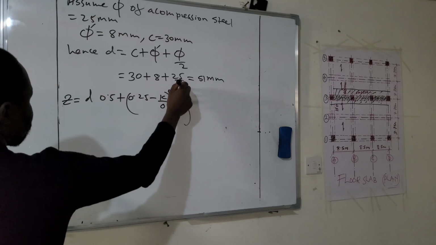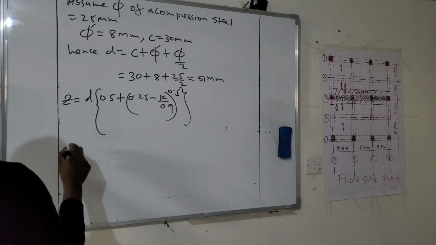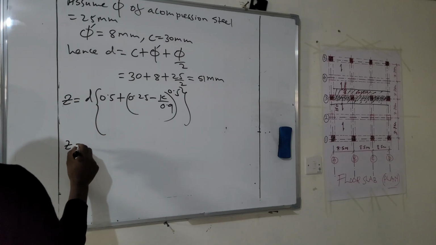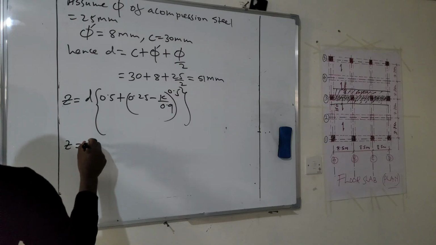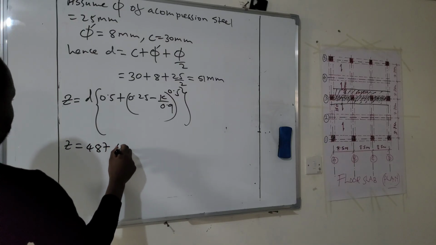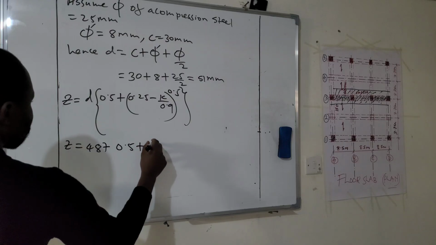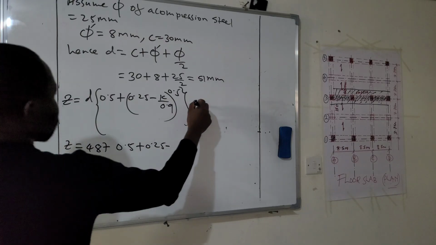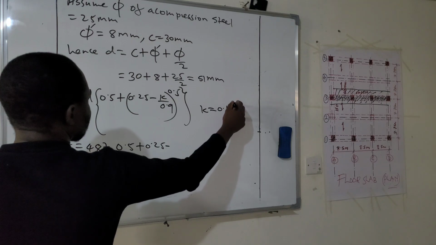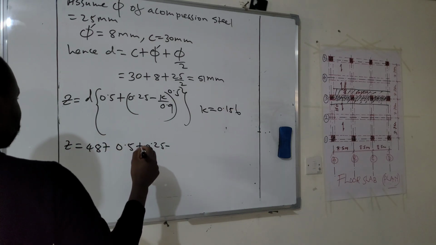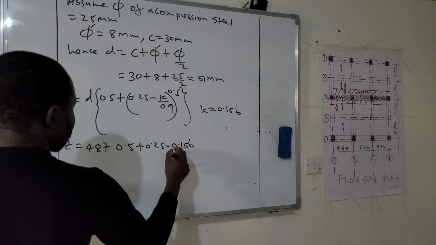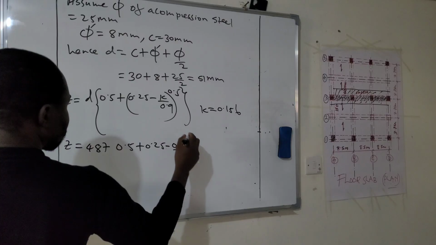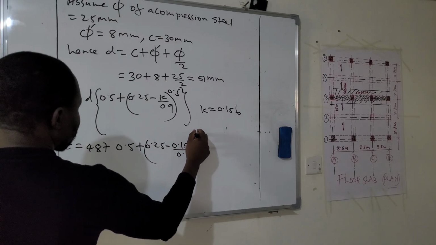So Z is equal to D, which is 487, times 0.5 plus the square root of 0.25 minus 0.156 over 0.9.